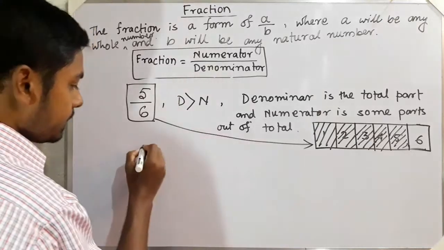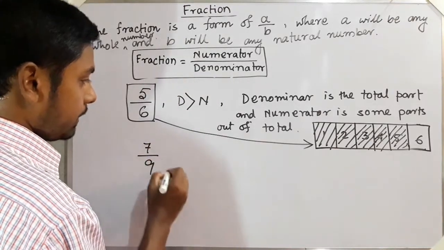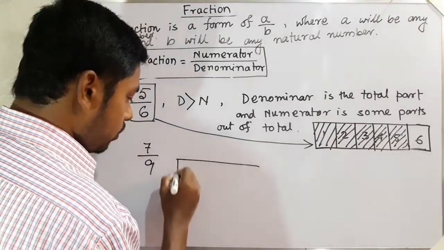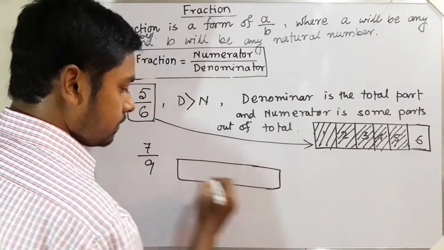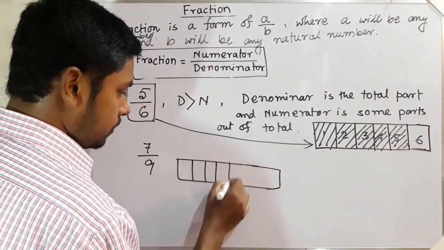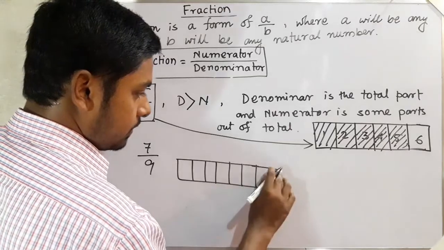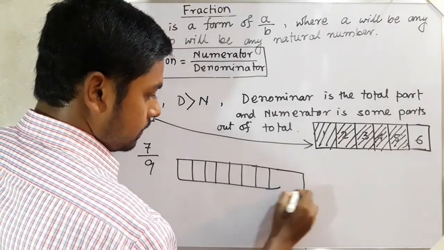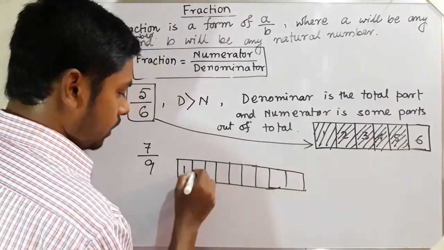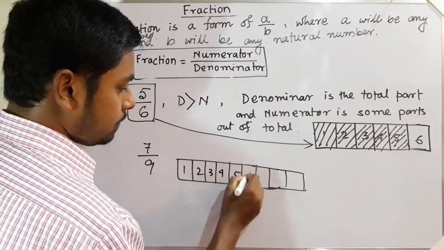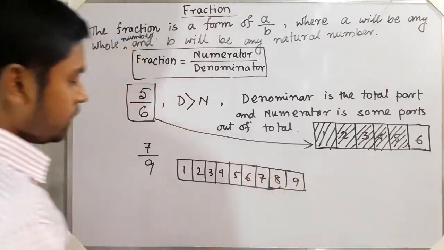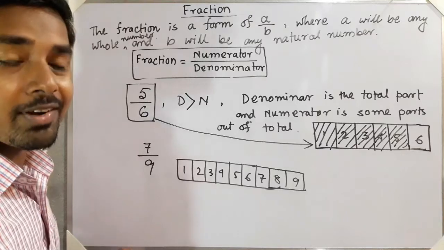Suppose I am taking 7 by 9. That means out of 9 parts, 1, 2, 3, 4, 5, 6, 7, 8. So 1, 2, 3, 4, 5, 6, 7, 8, 9. So 7 by 9. How to represent 7 by 9?